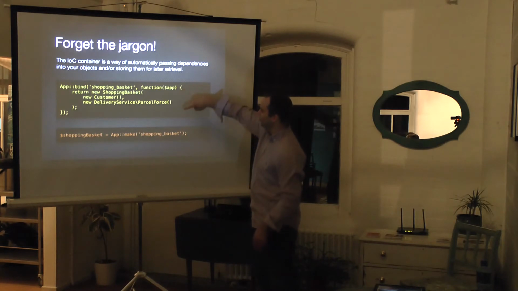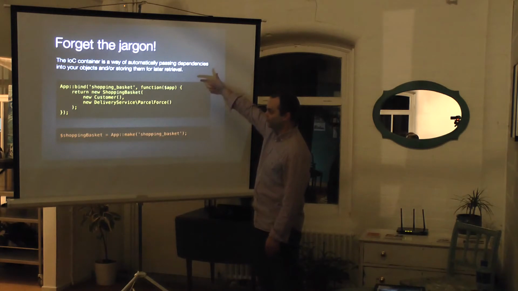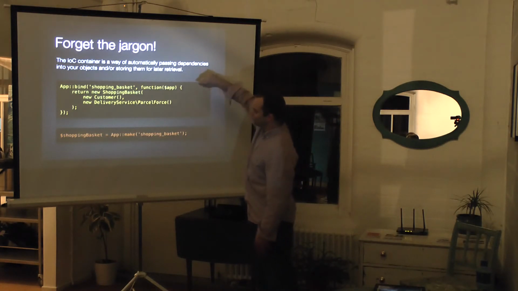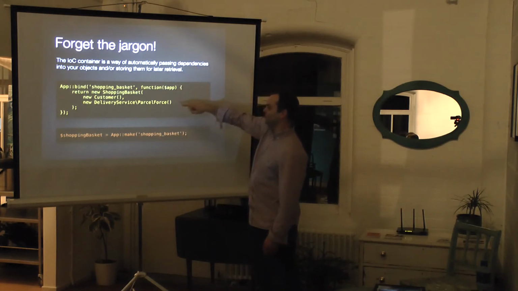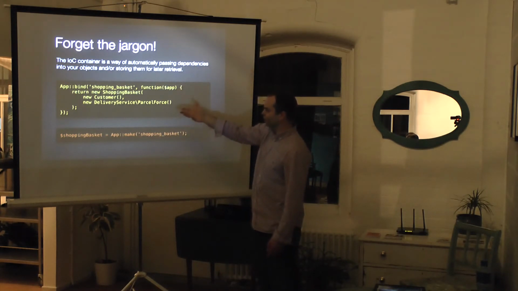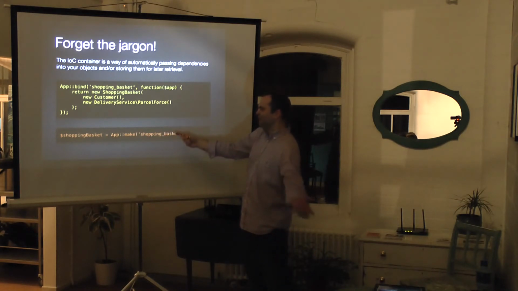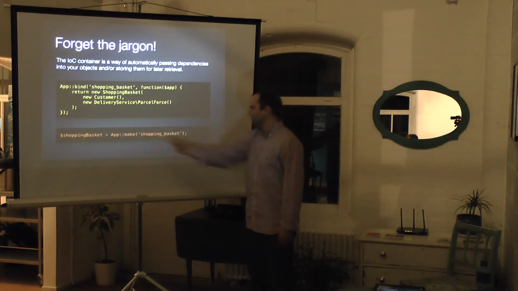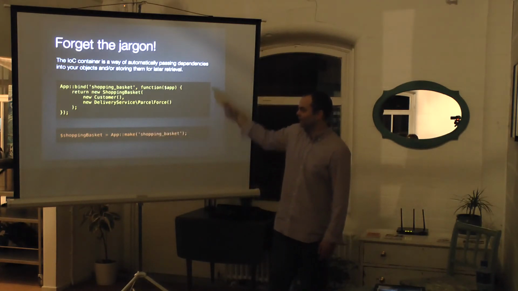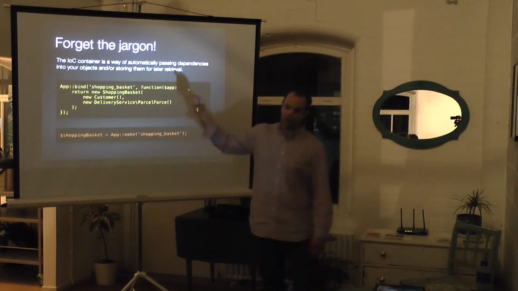And then we're doing a little bit of object instantiation in here, saying return a new shopping basket object with a new customer, it's been passed in the constructor, with a new delivery service, in this case I've decided Parcelforce. That's it, that's returned. So this here, with one call, does this. Okay? You're not needing to pass in any dependencies, make any extra objects, things like that. Just calling this here produces a shopping basket. It has its dependencies already preloaded.